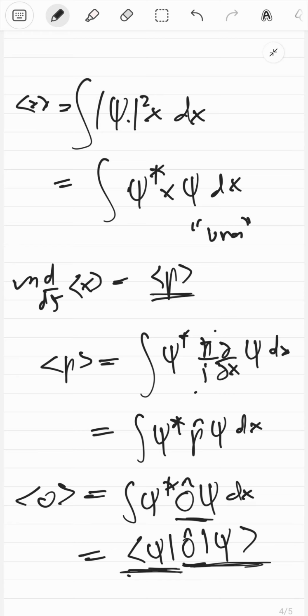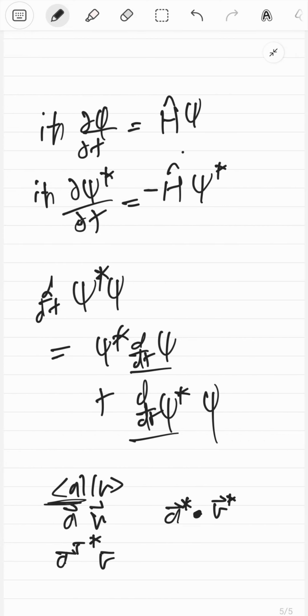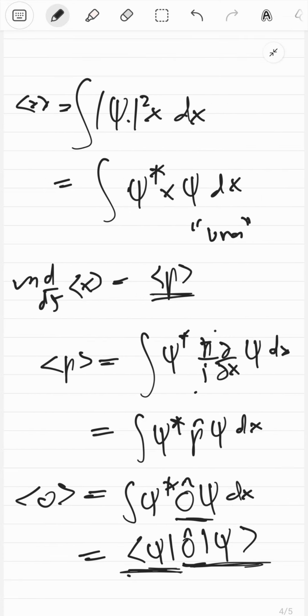And so instead what this bra does is an operation like the integration of A star, and then B, dx, something like that. So if A and B are functions, that's what this does. And this thing that we just did is called the inner product.